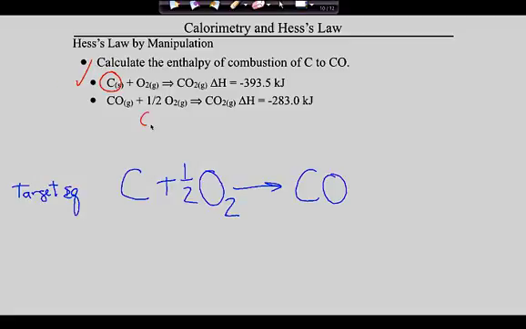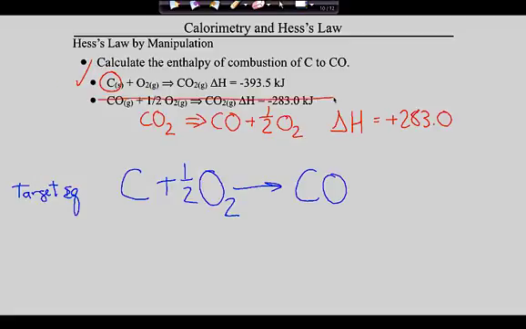So we are going to rewrite this. CO2 yields CO plus 1/2 O2. Do you see what I did? I just flipped the reaction over. But guys, when I flip the reaction over, what else do I have to do? Change the sign. So now I've manipulated that guy. This is now gone.